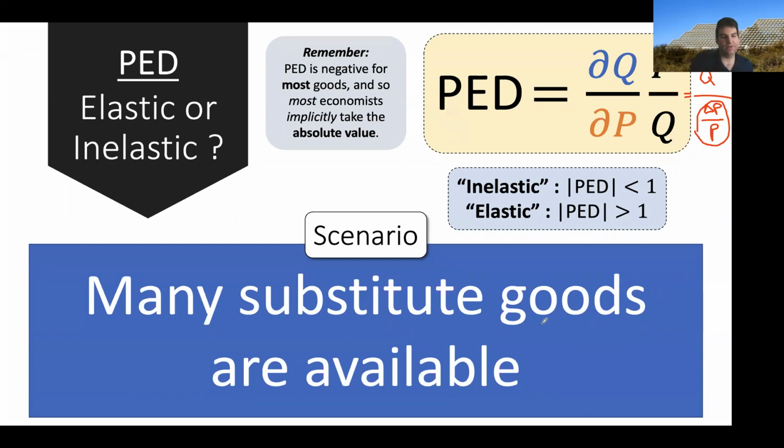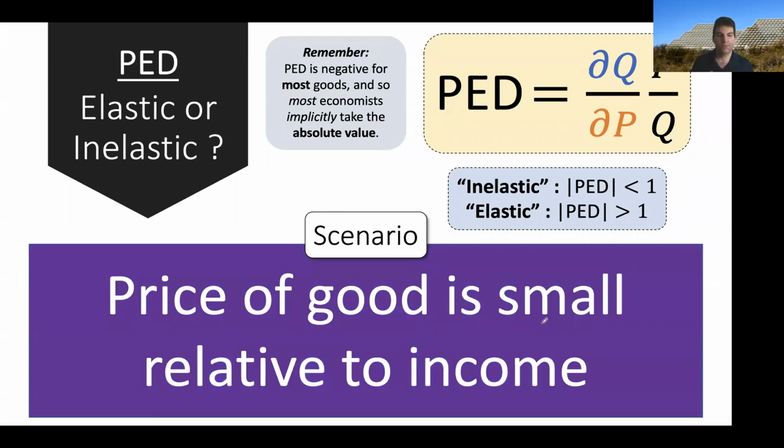So, let's try some other things. What if I make a lot more money than it costs to buy a green ball? Then how responsive am I going to be to the green ball's price if the price of the good is really, really small relative to my income?